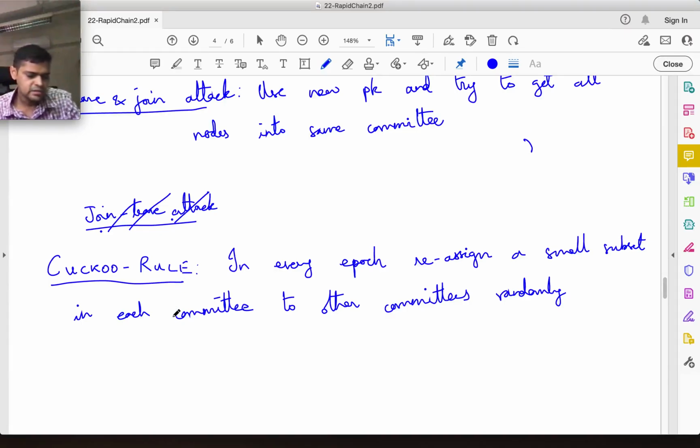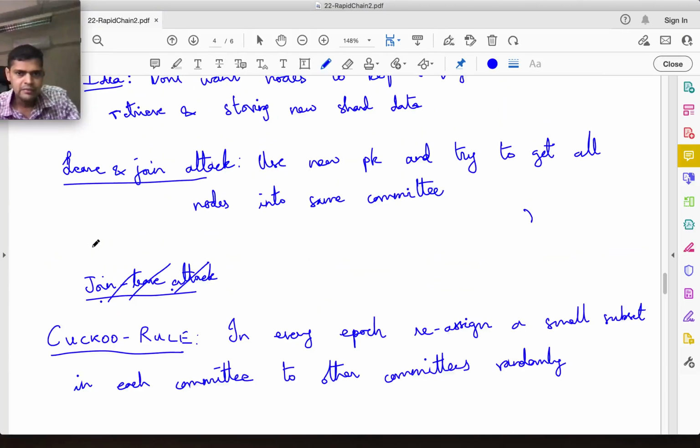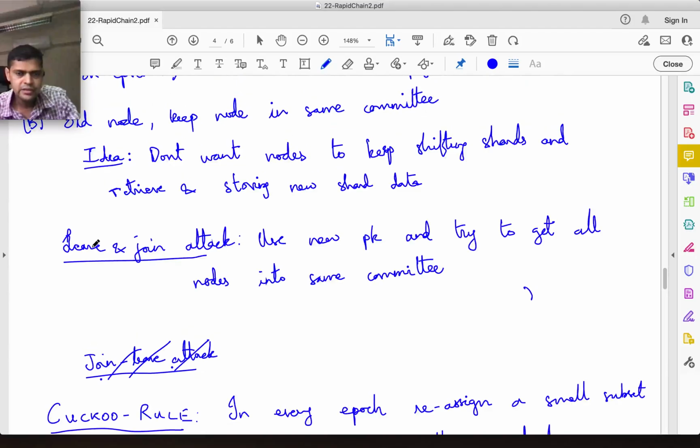This is what they propose, and they have many such small optimizations in their paper. But at a high level, first we create this reference shard and the reference committee. The reference committee is going to do the assignment of nodes to other shards.